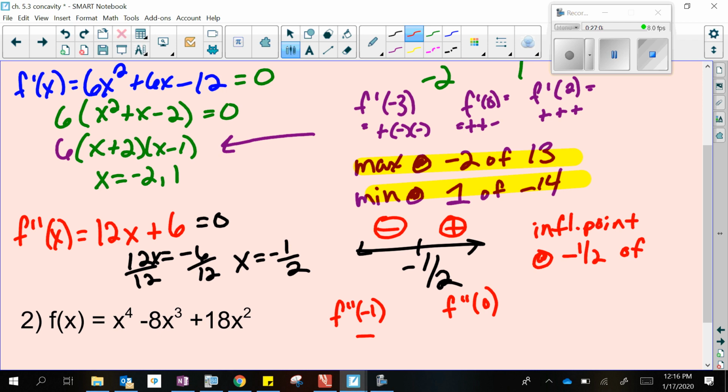And I get negative 1/2. So this again is a point I'm going to put on my graph. Okay?